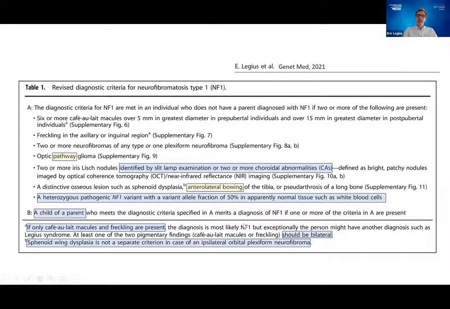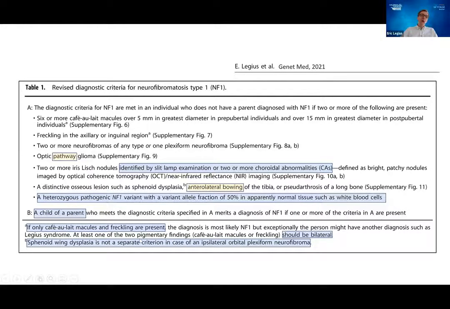So one always has to keep in mind that if the only features present are café au lait macules and freckling, one has to be sure that in the long run, other criteria appear, and then the diagnosis is completely sure, or it might, in rare cases, be another condition.